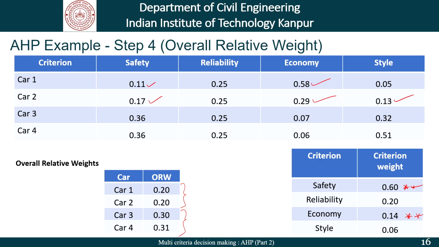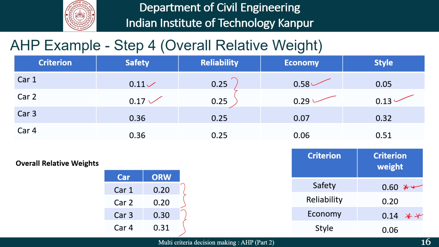Style didn't have a very high weight, and both these cars were equally reliable. Now, when calculating the overall relative weights, it so happened that both these cars got an equal score. Here one could say that both car 1 and car 2 are equally preferable to the decision maker.